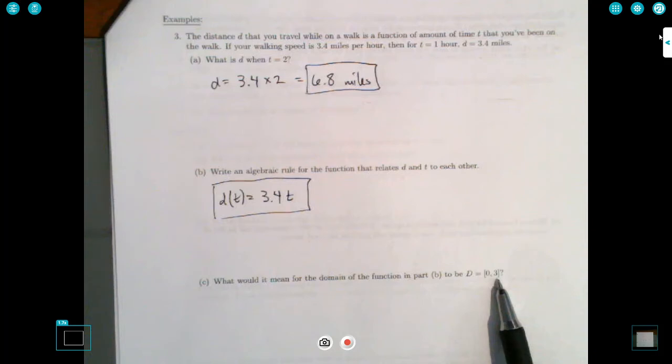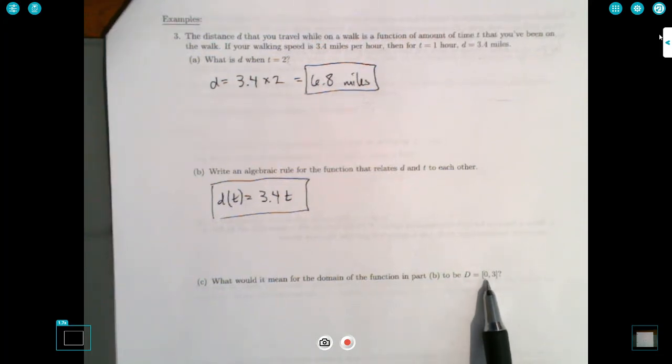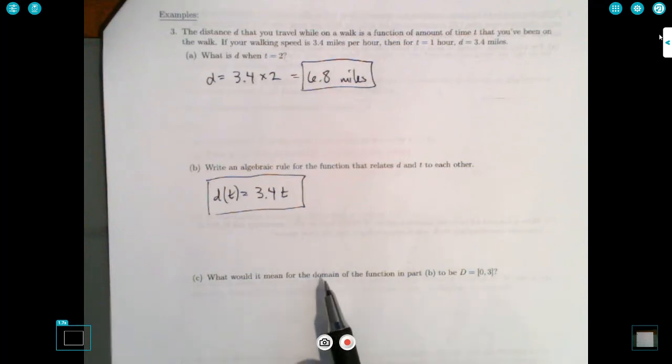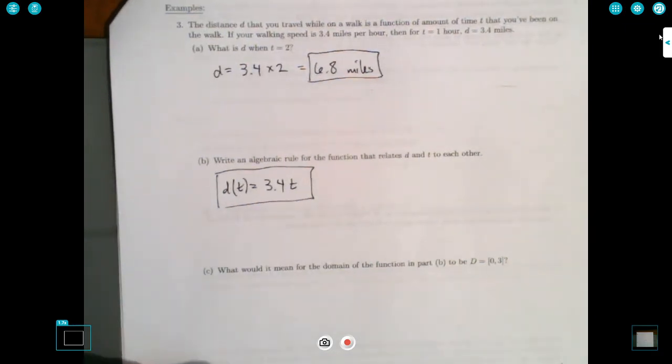The domain is the set of inputs, so these must be times, right? So for the domain to be the interval from 0 to 3, what we're saying is that the times that we will consider for this example are any times between 0 and 3 hours, right? That's what it would mean for the domain of the function to be the interval from 0 to 3.